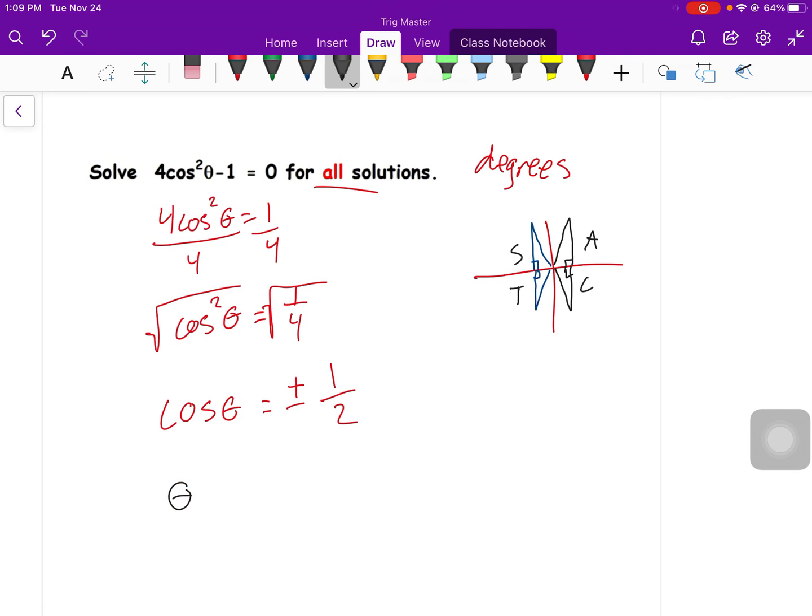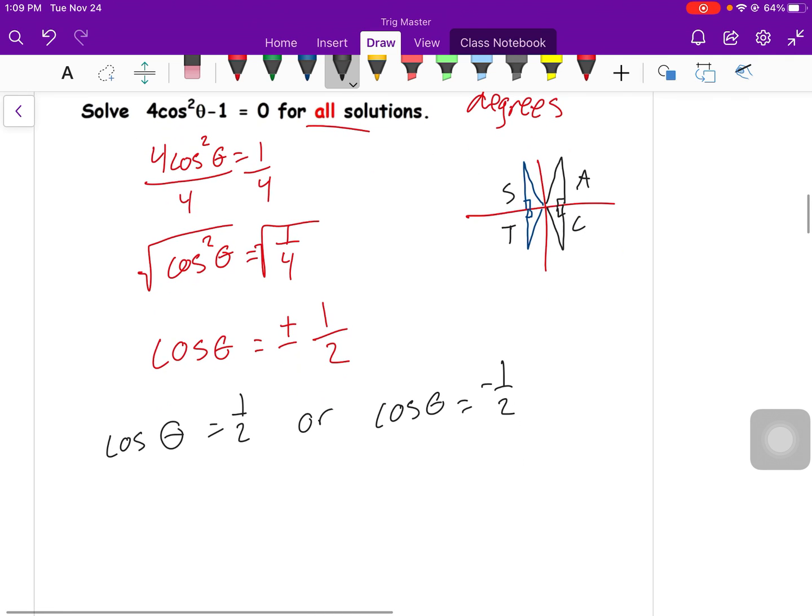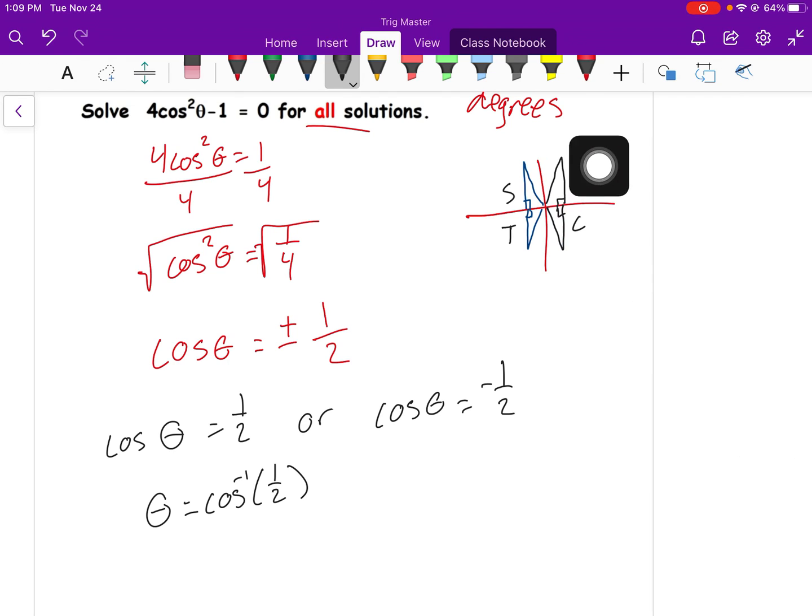Now, to figure out what theta is, I'm going to first start with cosine of theta equals 1/2, or cosine of theta equals negative 1/2, because those are two separate cases. So theta equals the cosine inverse of 1/2. These are the ones that I did in black over here. Cosine's positive in quadrant 1 and 4.